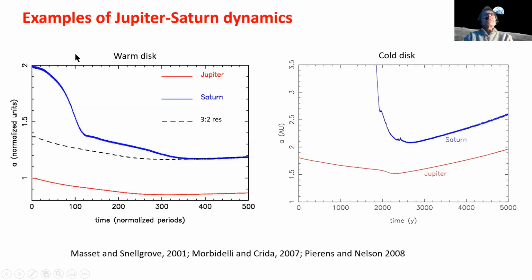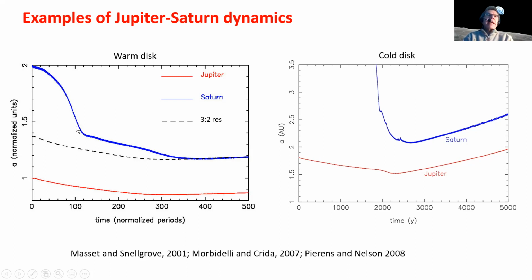So if you put Jupiter and Saturn in a disk, in a random location, Jupiter somewhere, Saturn further out, initially Jupiter migrates towards the star, the sun, so its semi-major axis, in whatever normalized units, decreases over time. And Saturn does the same. It migrates towards the star, and it migrates faster because the gap opened by Saturn is not as clean as the gap opened by Jupiter. So the migration of Saturn is a hybrid between type 1 and type 2 migration.